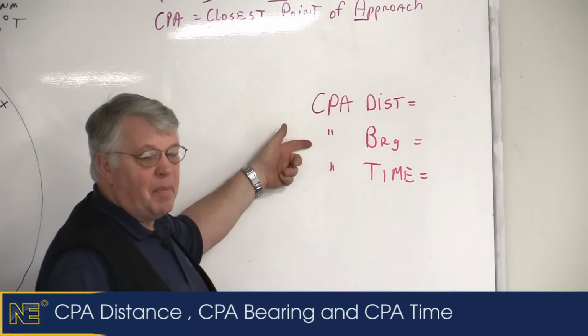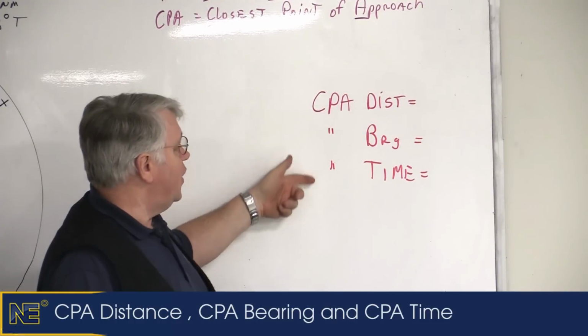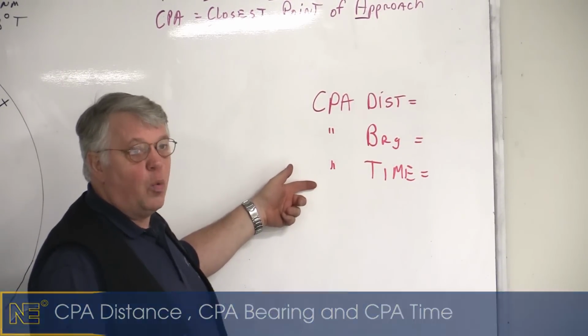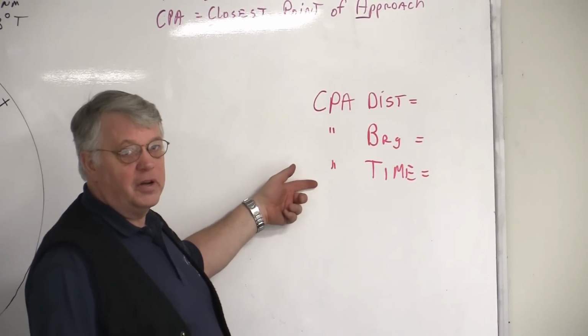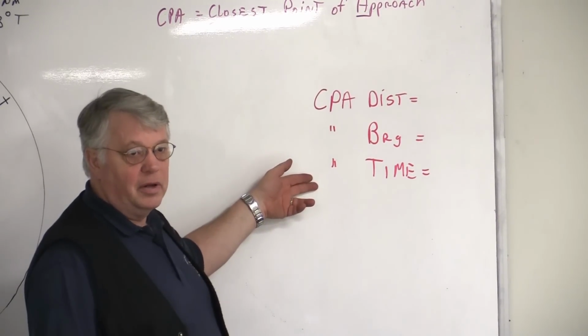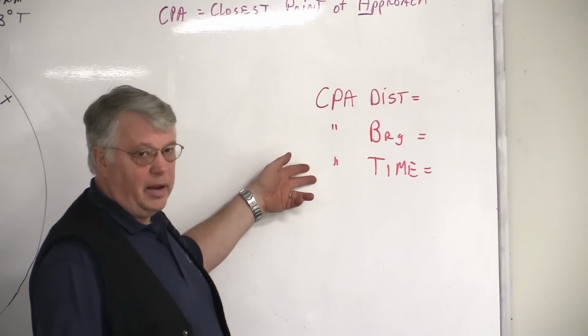In other words, what's the bearing of that target ship as it goes by our ship? And then we're going to calculate the CPA time. We need to know when the closest point of approach is going to occur. This helps us decide how much time we have to execute a maneuver, if need be. So CPA distance, bearing, and time.